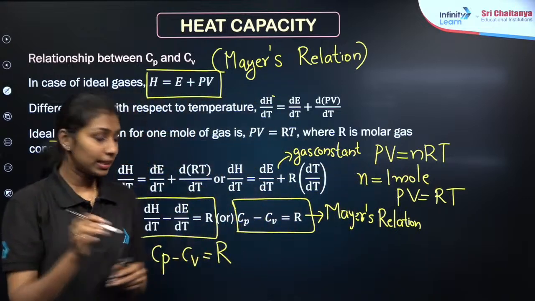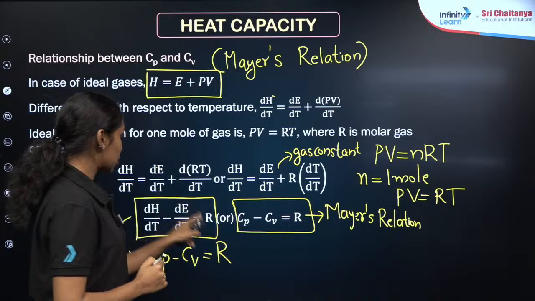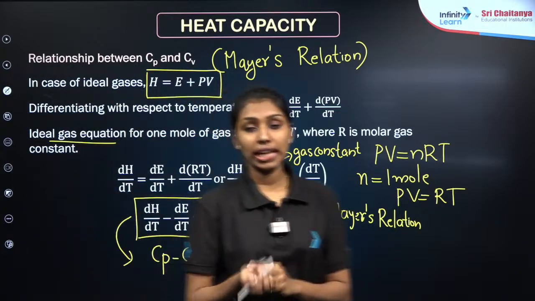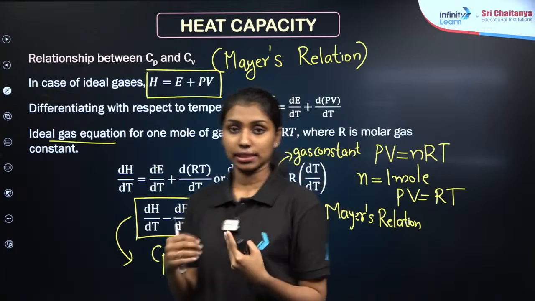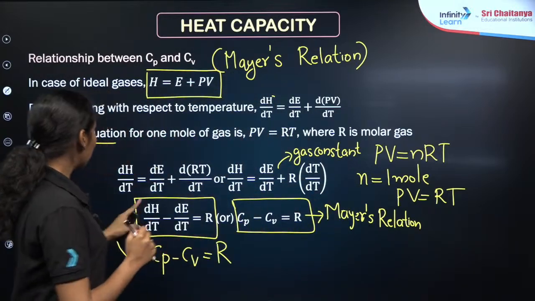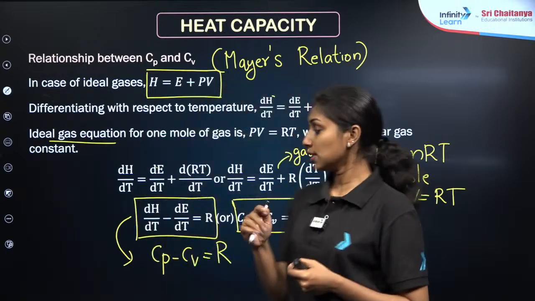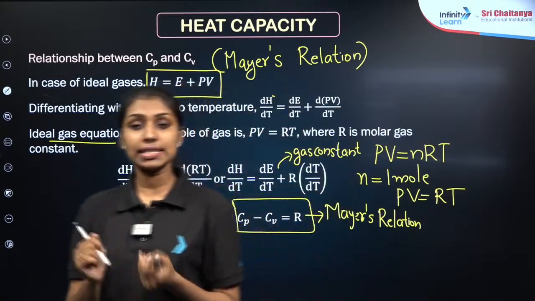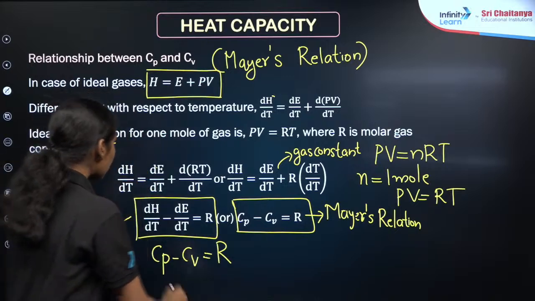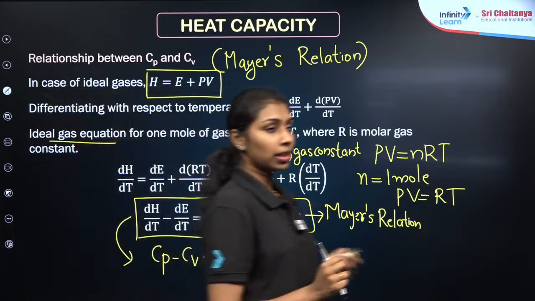Solving this, the final result is dH by dT minus dE by dT is equal to R. We have studied that heat capacity at constant pressure is the change in enthalpy and heat capacity at constant volume is the change in internal energy. So Cp minus Cv is equal to R, where R is the universal gas constant. This will be our final Mayer's relation. Clear?